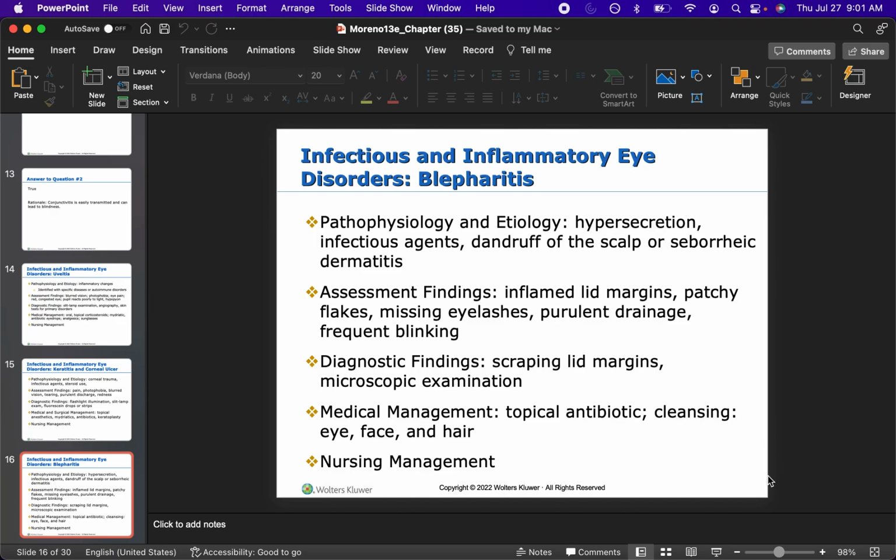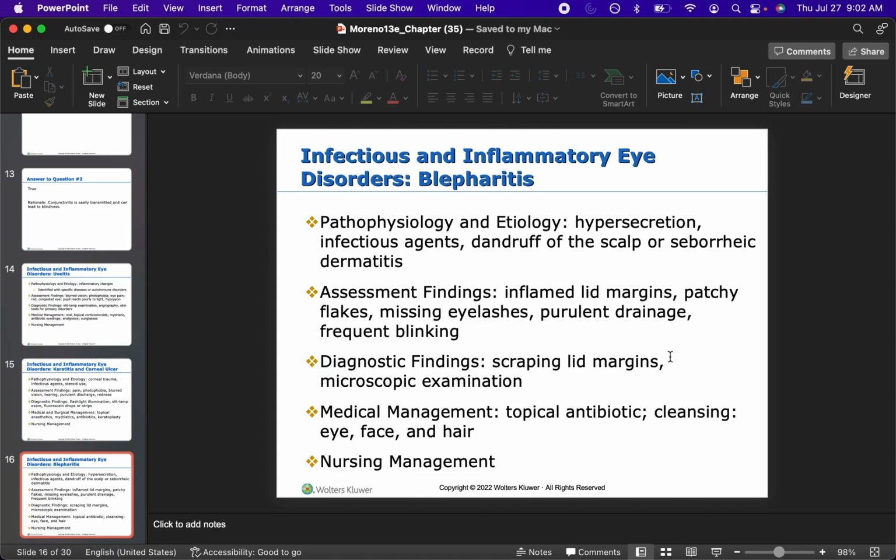All right, here is another infectious and inflammatory eye disorder. This one is caused by hypersecretion, infectious agents, sometimes dandruff with the scalp, or dermatitis. Usually these are inflamed lid margins.